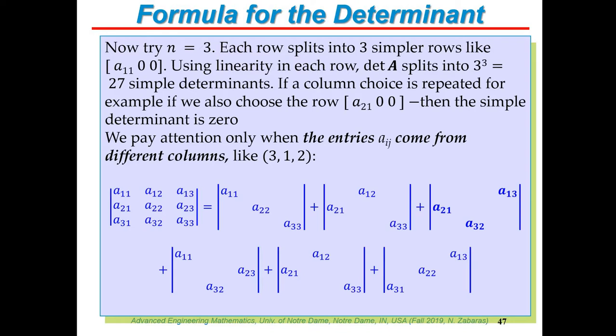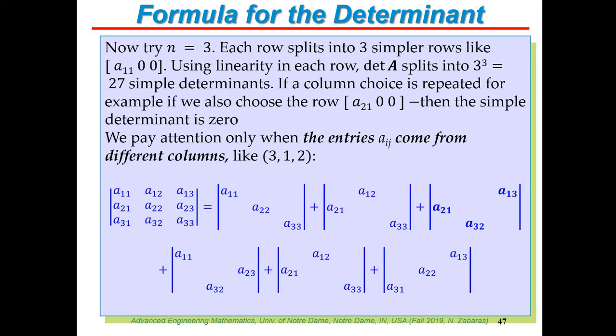So basically, the sequence of columns that I have on this third term, written here in boldface, is 3, 1, 2. Okay, so can somebody guess what will be the sign for this particular term? How many exchanges do I need to go back to 1, 2, 3?